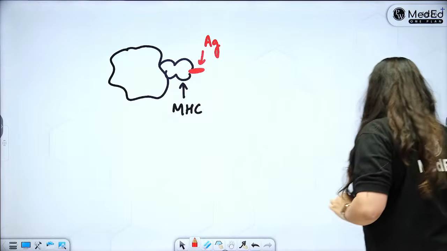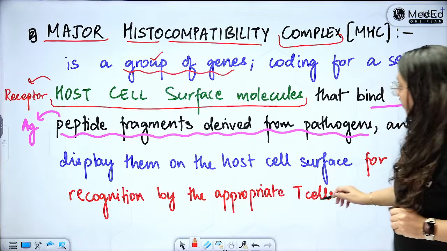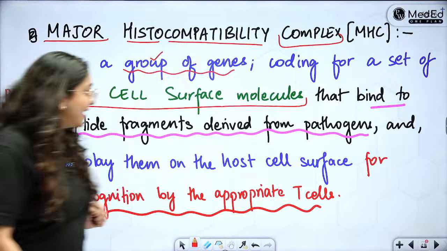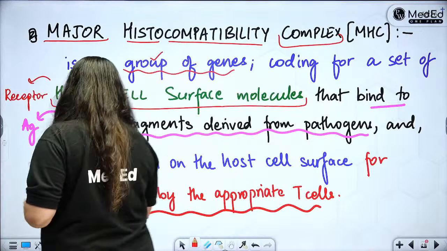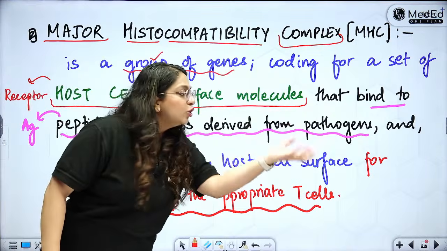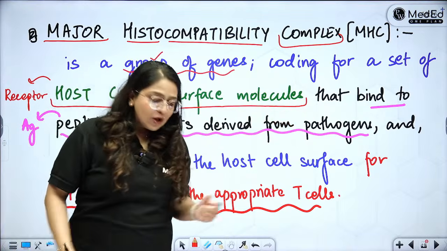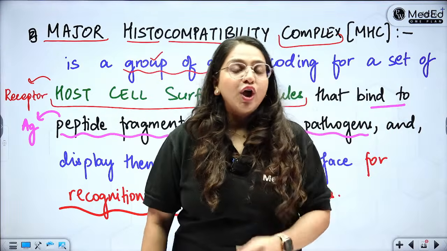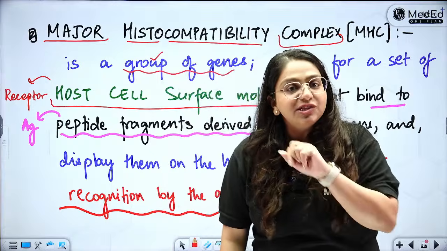And it is saying for recognition by appropriate T cells. So why is this cell displaying it on its cell surface? Because this cell is going to display it to a T cell. So can I call this cell a cell which is presenting the antigen? An antigen presenting cell?